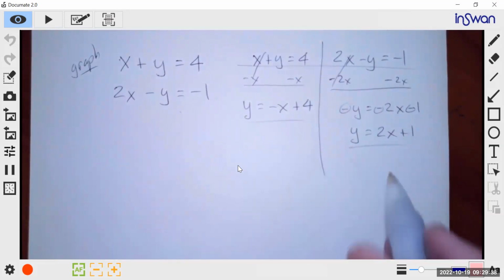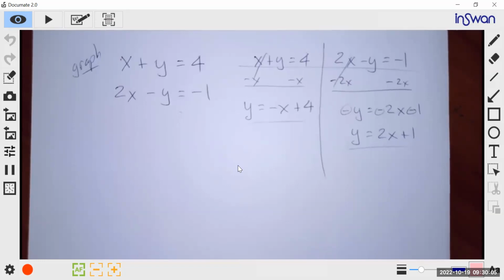So what do these two equations tell us? Just by looking at those two equations, what can you tell me about those two lines? Are they parallel, perpendicular, the same line? Are they going to meet? What are the conditions for parallel?